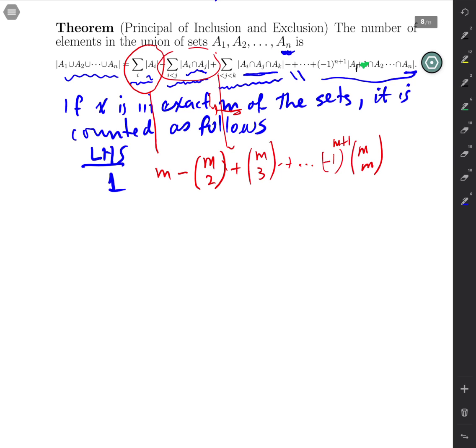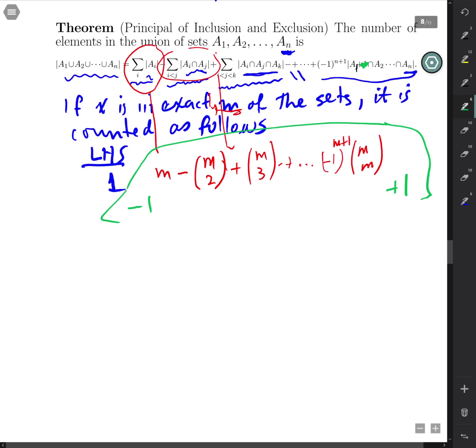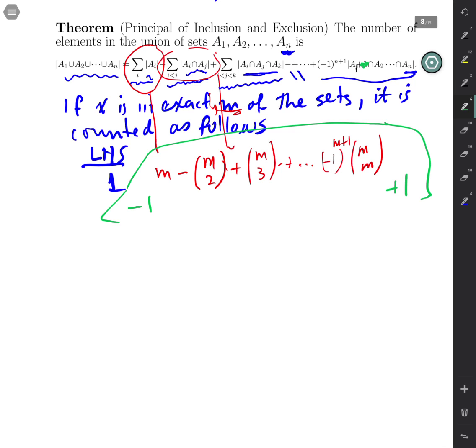Now that looks a little confusing perhaps, but I'm going to do a little trickery on it. In particular, what I'm going to do is add a 1 and subtract a 1. So I'm going to add a 1 over here, and over here I'm going to subtract a 1, and this is all on the right-hand side. And now I'm going to rewrite those in a more convenient way.